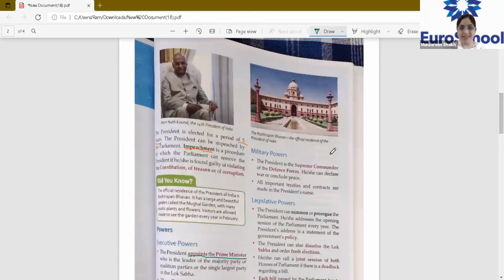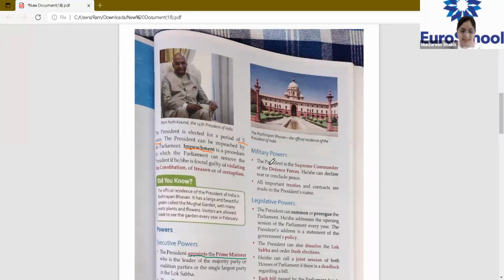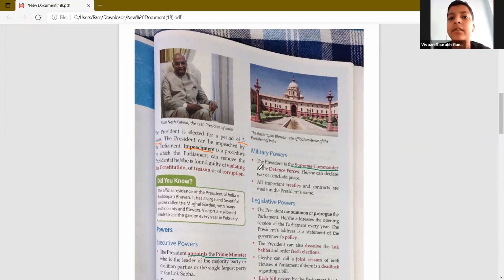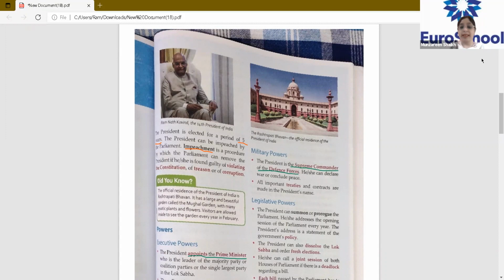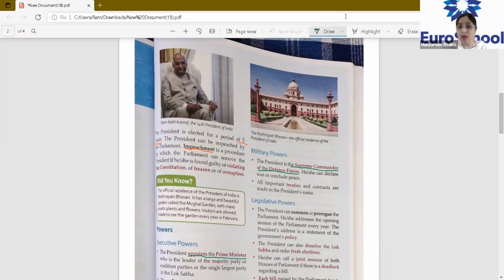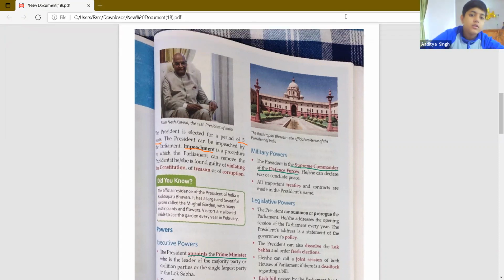Now, let us see what the military powers of the president are. As president, what military powers does he have? First, the president is the supreme commander of the defense forces. This is very important. The president is the supreme commander of the defense forces. That means he can declare war or conclude peace.